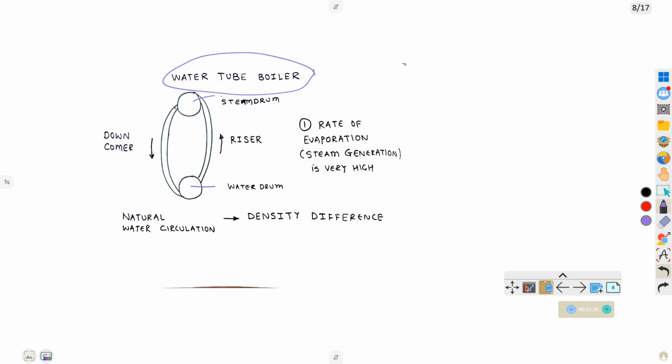I have shown only one pipe, but between the steam drum and water drum there are a lot of pipes. Where they join the bottom side it is called the downcomer, and where they join the upper side it is called the riser. So what is happening exactly?